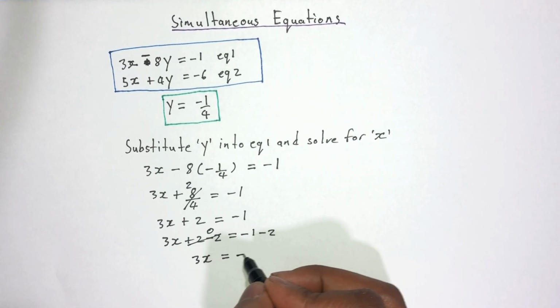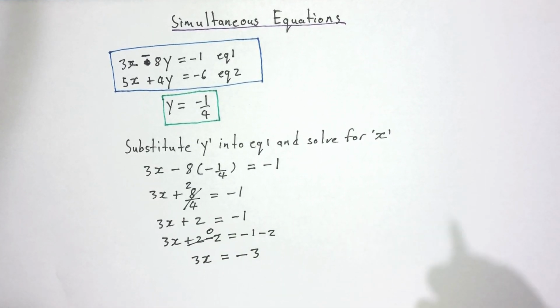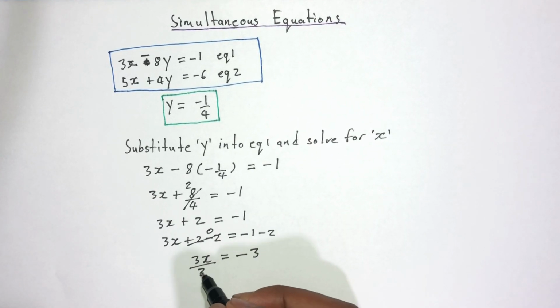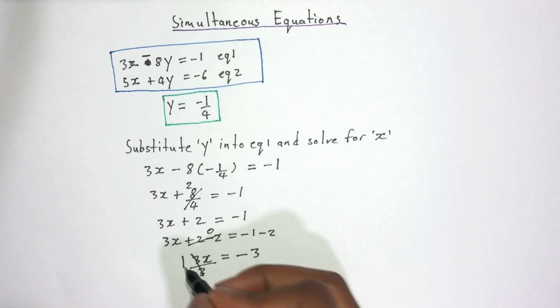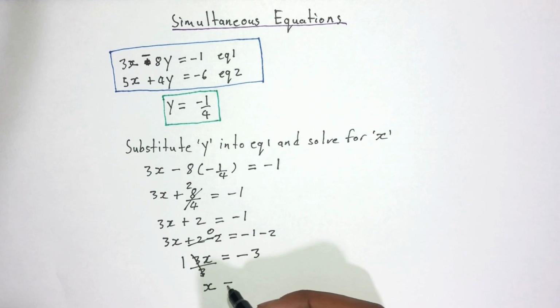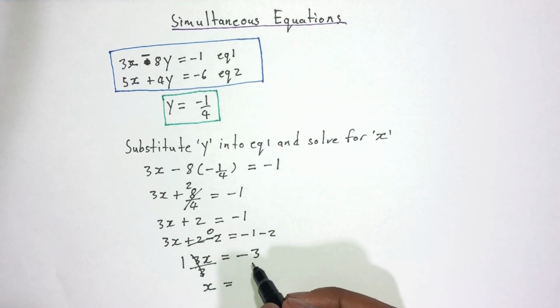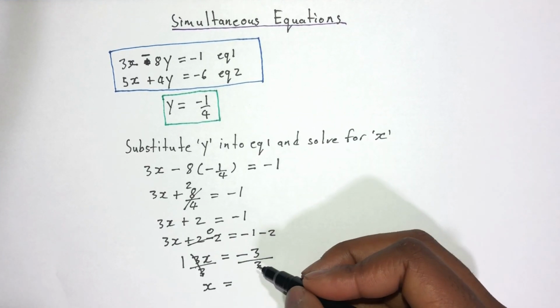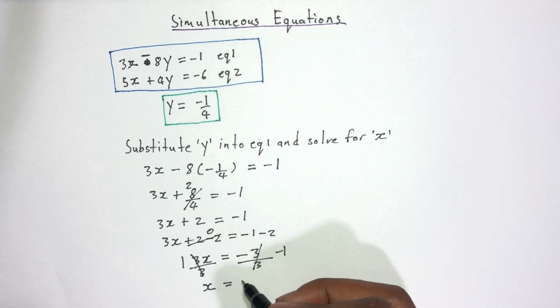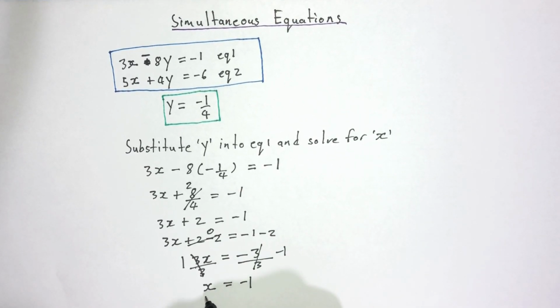This is negative 3. We have to divide by 3. This gives us 1. 1x is x. And what we do on this side, you know the rest. Therefore, our x value is negative 1.